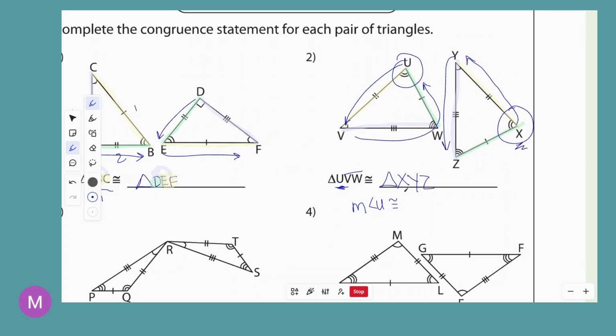So it should match up with X. And if we look at our statement, U is in the first spot, and so is X. So very good. All right, we could also look at, let's say, V. So angle V would be congruent to whichever one has just the 1, which is Y, angle Y. And if we look at our statement, V comes second, and so does Y. And you could do the same with your W here and your Z, the 3 and the 3. All right.